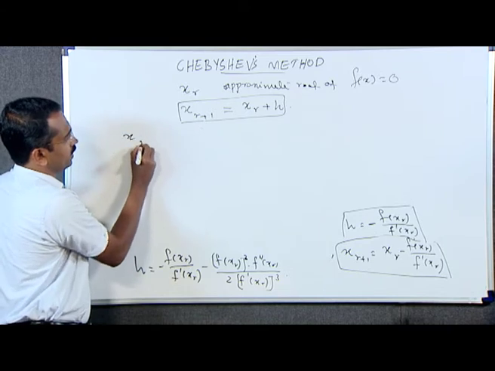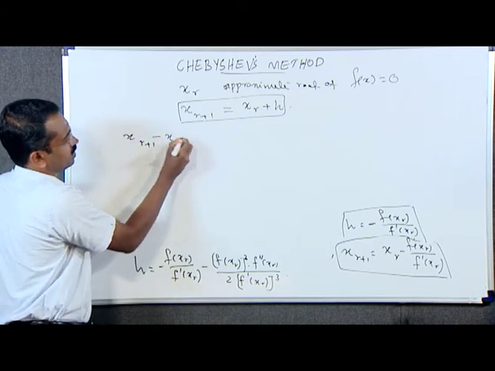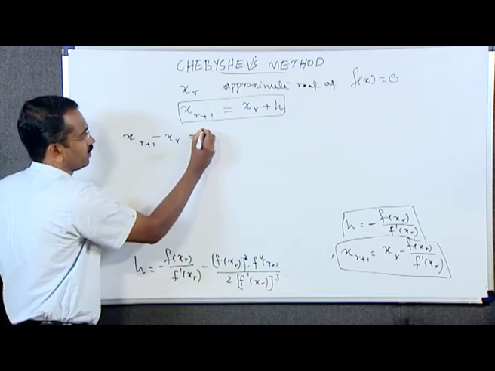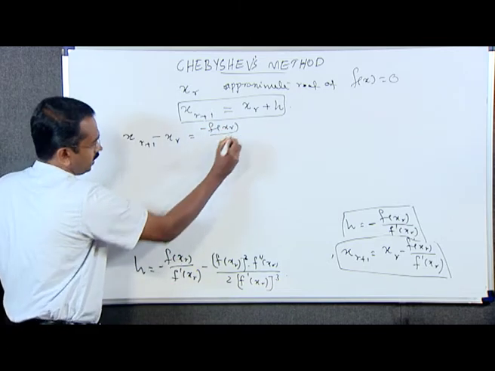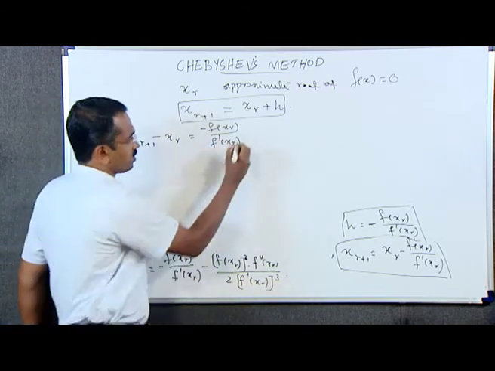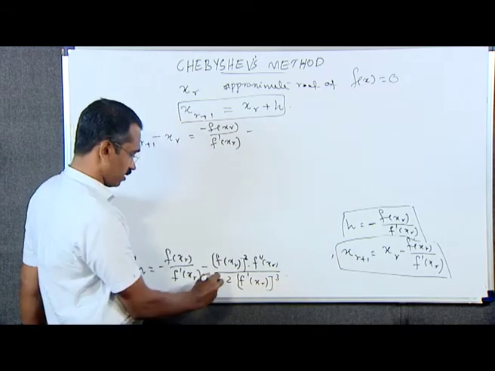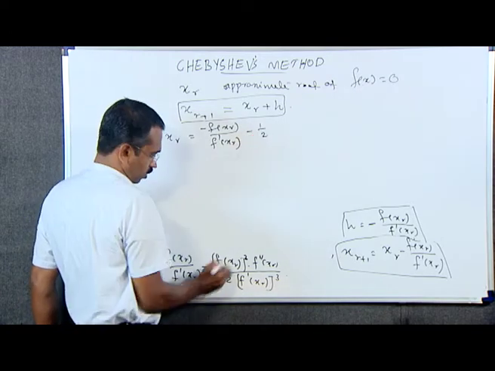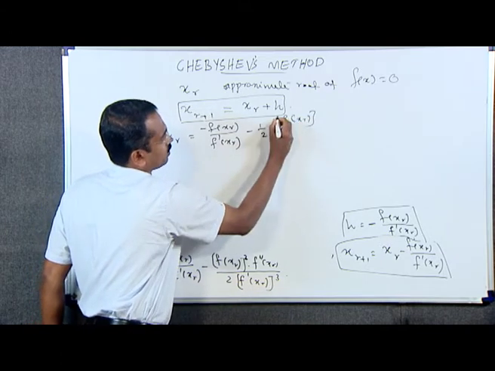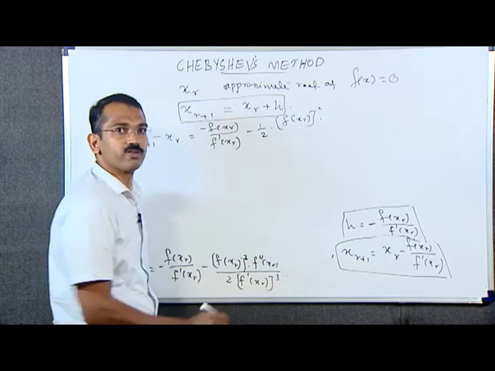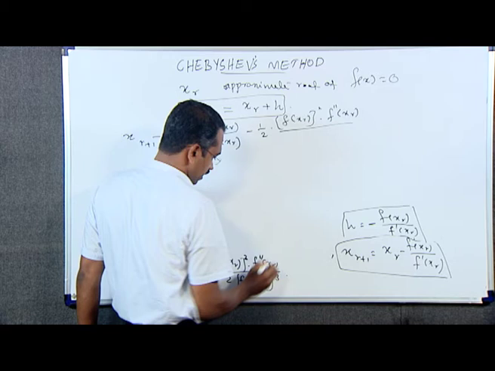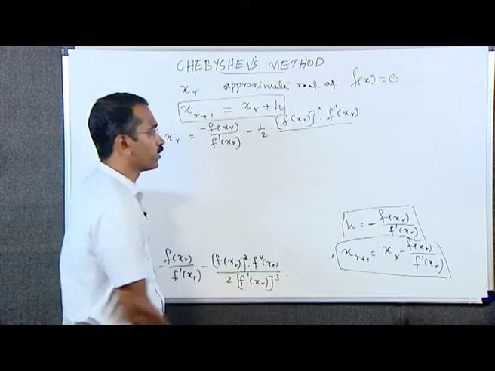Therefore, we can write xr+1 - xr, which is h, equal to -f(xr) / f'(xr) - 1/2 × f(xr)^2 × f''(xr) / (f'(xr))^3.